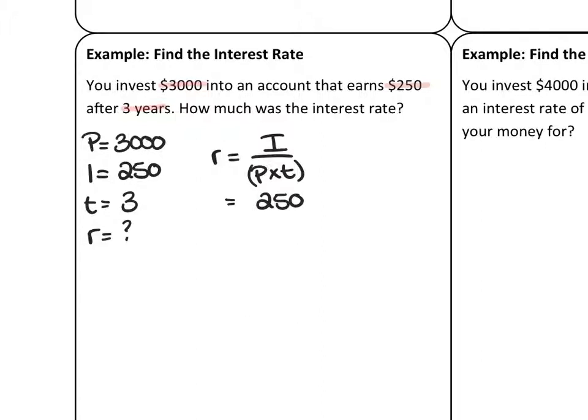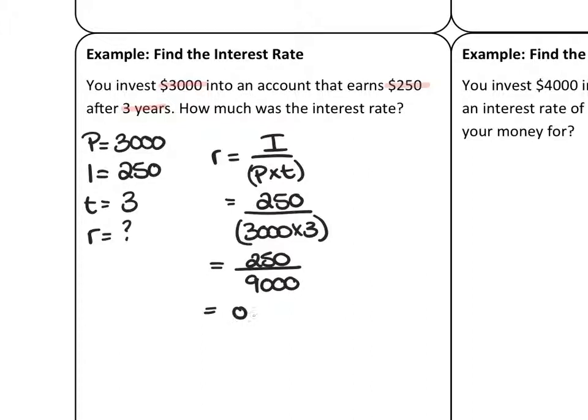I is 250. We'll sub it all in. 3,000 times 3, which is 9,000. And 250 divided by 9,000 is 0.02777.